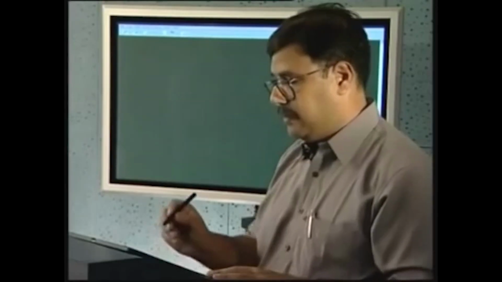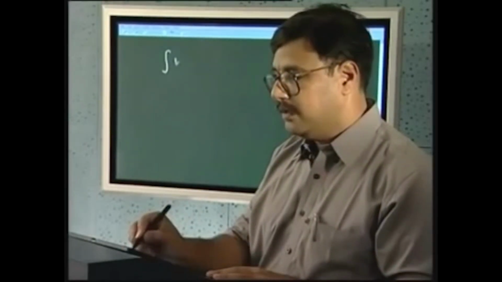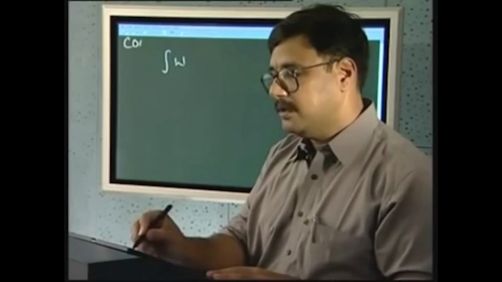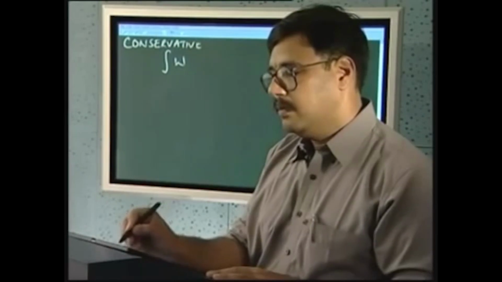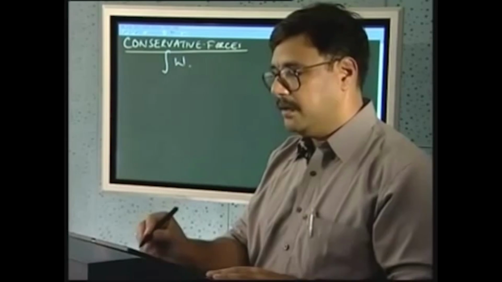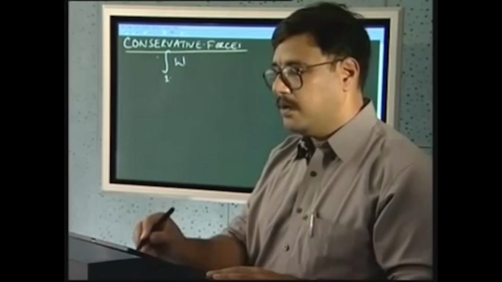Let us now see, for conservative forces, if the work done is independent of the path from 1 to 2, which is equal to the integral of F dot dl from 1 to 2, then I can write this as the difference between a quantity at these 2 points.